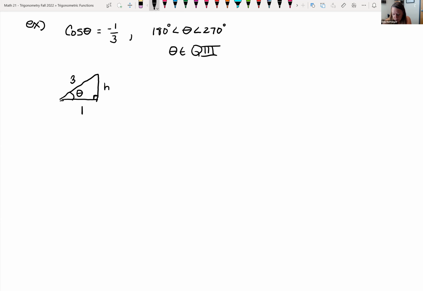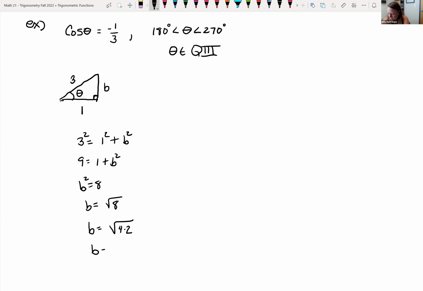So let's say that this was b. So I know that 3 squared is equal to 1 squared plus b squared. 9 is equal to 1 plus b squared. Subtract 1, get b squared equals 8. So b is equal to the square root of 8. And you can pull out a piece there. That's 4 times 2. So the square root of 4 is 2. So b is equal to 2 root 2.